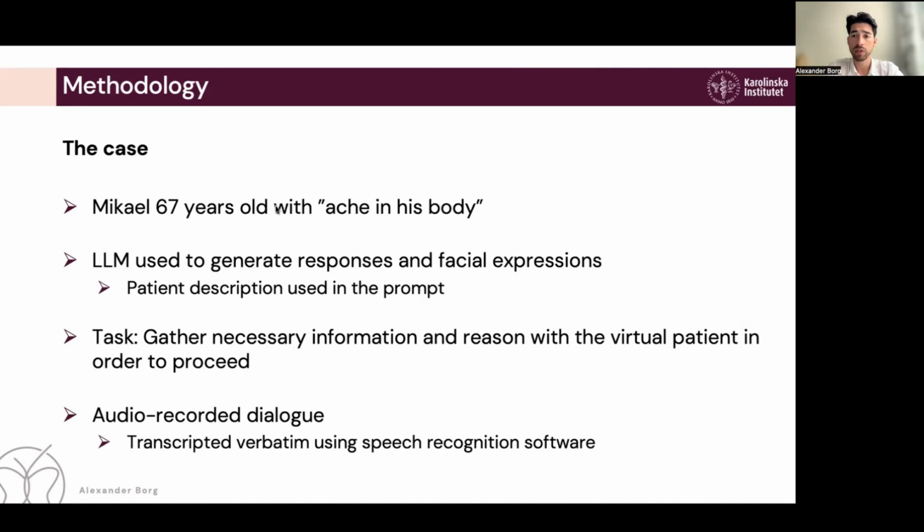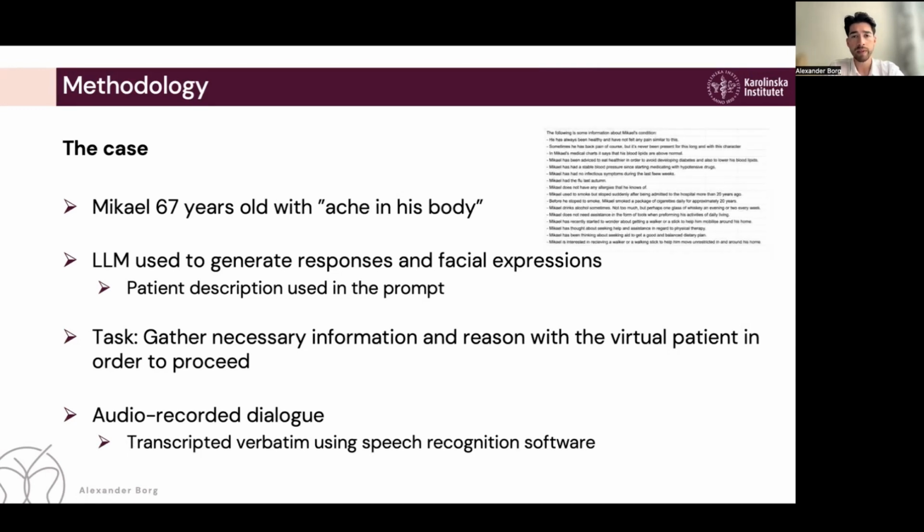And they could explore only medical history, but not perform any additional examinations of the patient as compared with VIC. The dialogue was audio recorded and transcribed verbatim using speech recognition software. In the picture at your top right here is the patient description as shown before to the left in the video demonstration.